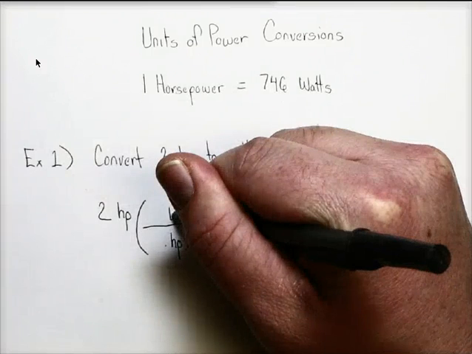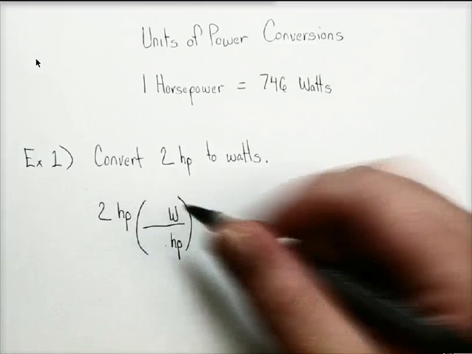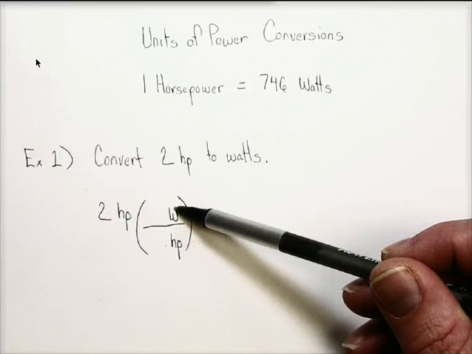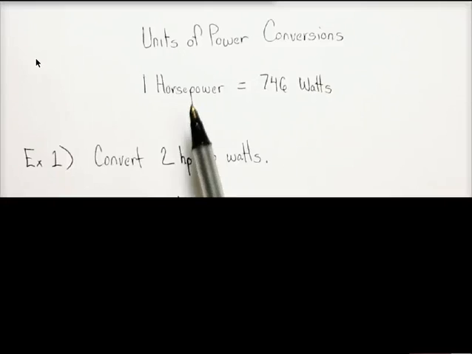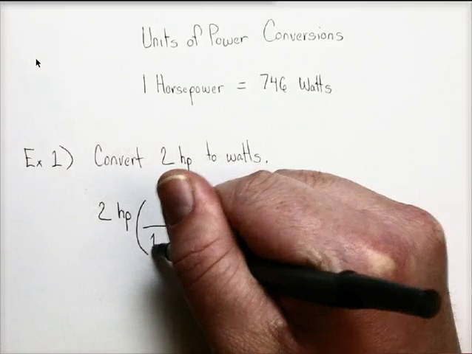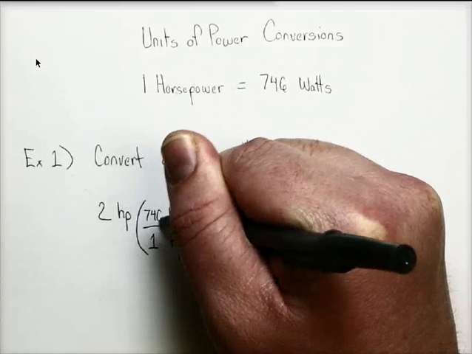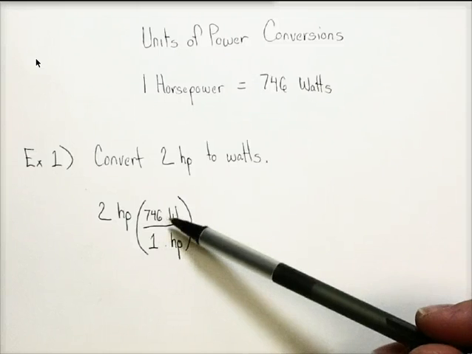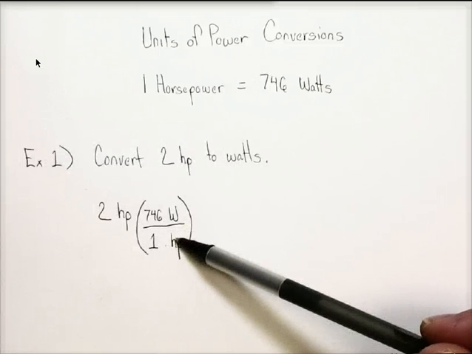Well, I want to change this to watts. And now I want to write numbers in here so that the number of watts is equal to the number of horsepower. Well, if we look up here, I find out that 1 horsepower is equal to 746 watts. So all I've done with this fraction is say that 746 watts over 1 horsepower.